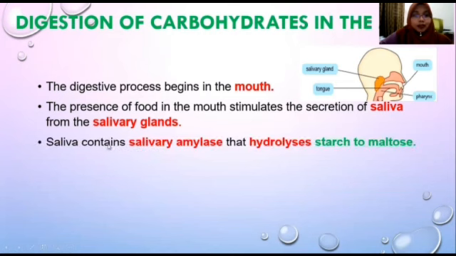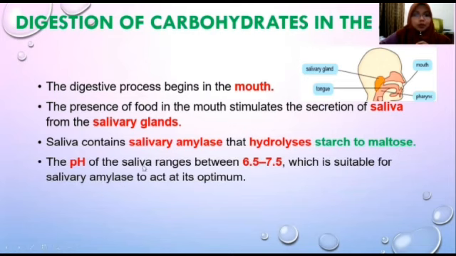Saliva contains the important enzyme we call salivary amylase, function to hydrolyze starch to maltose. The pH of the saliva ranges between 6.5 to 7.5. So this is slightly acidic or slightly alkaline, which is suitable for the salivary amylase to take action. This is called the optimum pH.